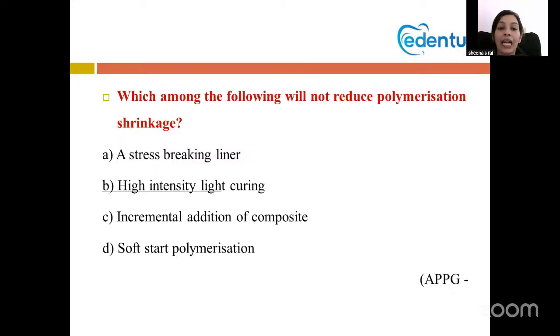High intensity light curing is the option that cannot reduce it, because with high intensity light cure, we have to give the composite in increments so that the stress developed during polymerization is reduced. There are a lot of incremental techniques like horizontal layering technique, vertical layering technique, etc., so that the stress developed is dissipated when we apply each layer.